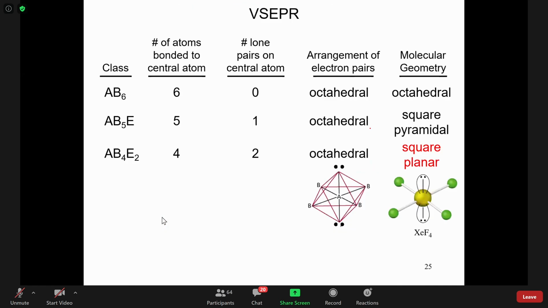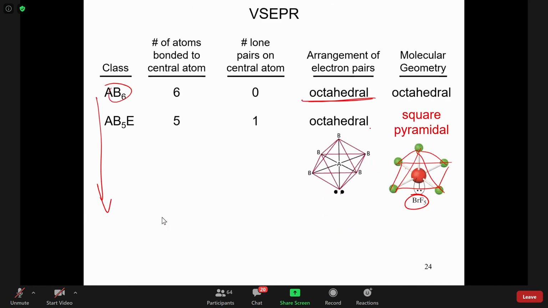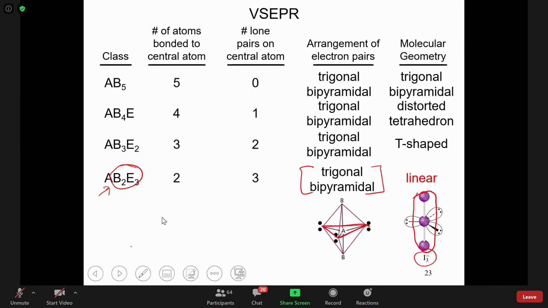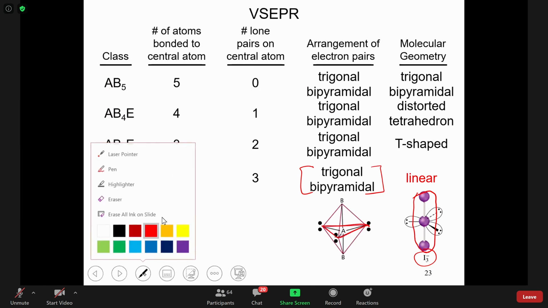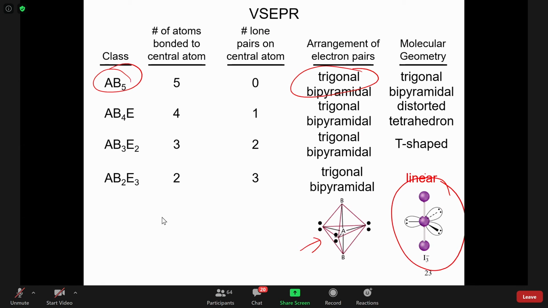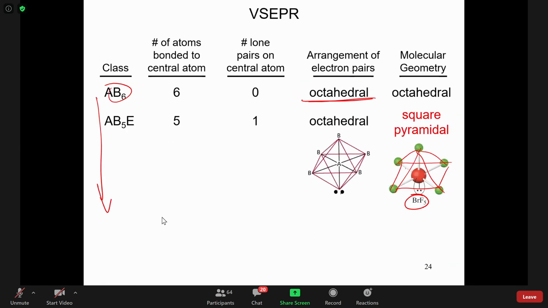Remember, when we have 5 things around our molecule, we have trigonal bipyramidal, that's our electron pair geometry, but this I3 minus molecule is linear. So let's go back.